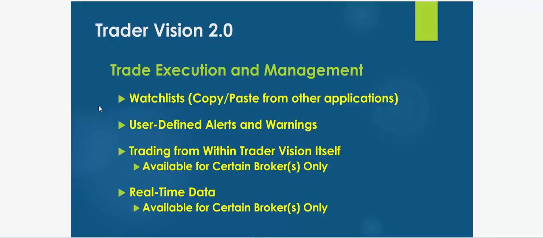And we'll be able to link that watch list to trades so that you can go down through and click them and open up the trade plan for each of those trades. We'll have user-defined alerts and warnings. So if you want a pop-up alert when the stock reaches a predefined target or price, you can have that.